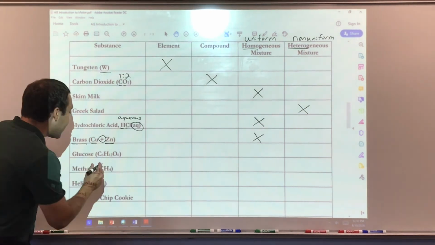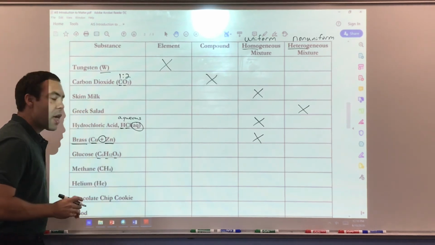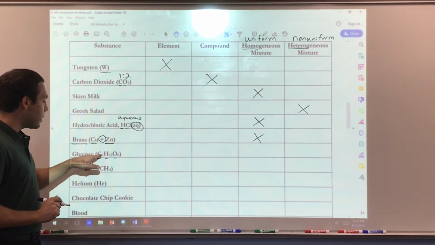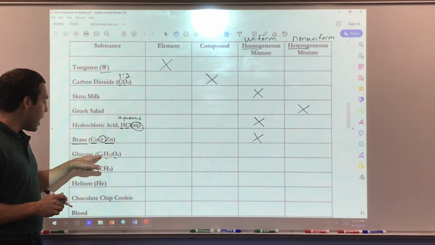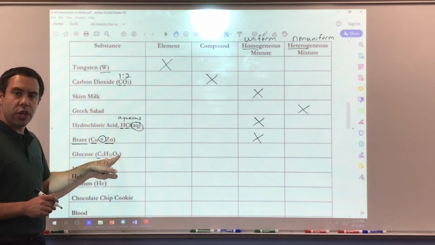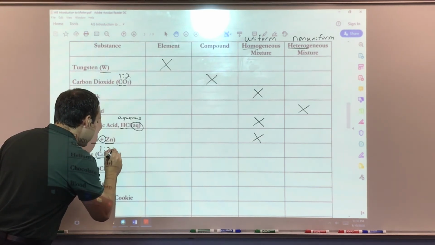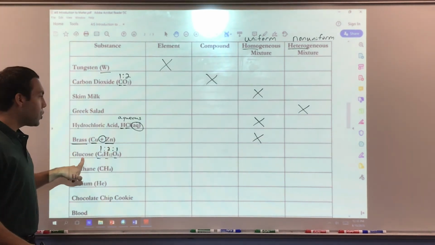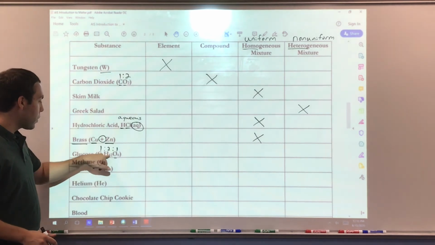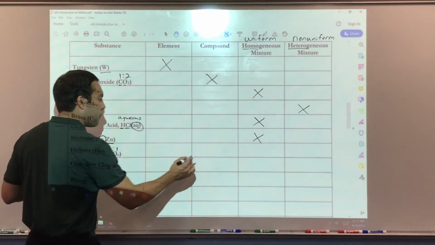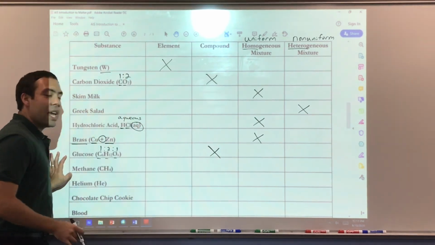For the next one, glucose, C6H12O6. I see three capital letters, therefore it's three different elements. And it's chemically combined in a 6:12:6 ratio, or to simplify that, a 1:2:1 ratio. So glucose, two or more different elements chemically combined in fixed proportion, is a compound.